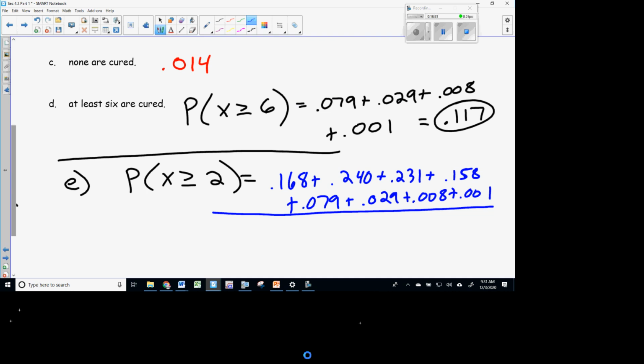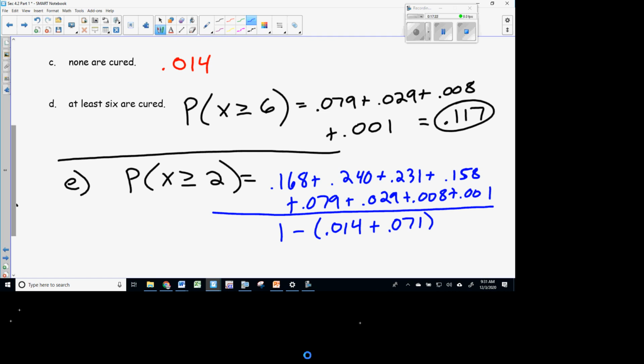If this is 2, 3, 4, 5, 6, 7, 8, 9, 10, 11, 12, if I just did the probability of 0 and 1 and took 1 minus that, wouldn't that be a lot easier than adding all of those up?